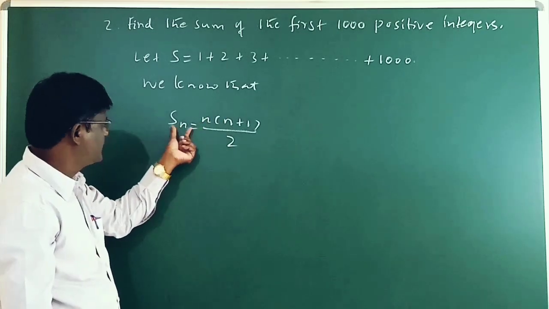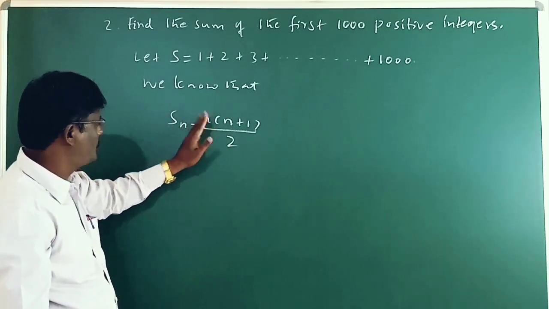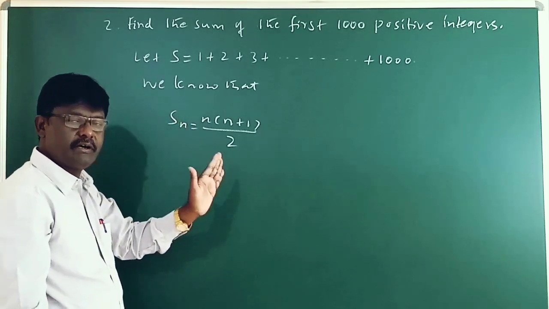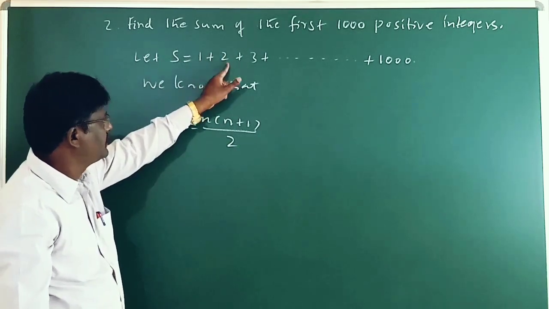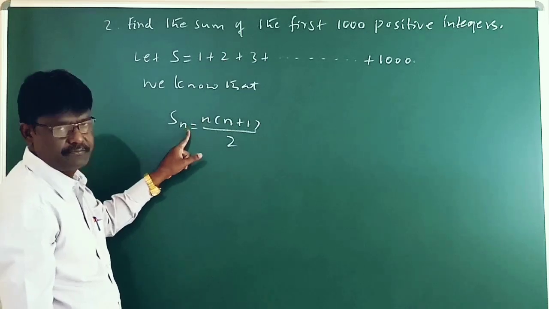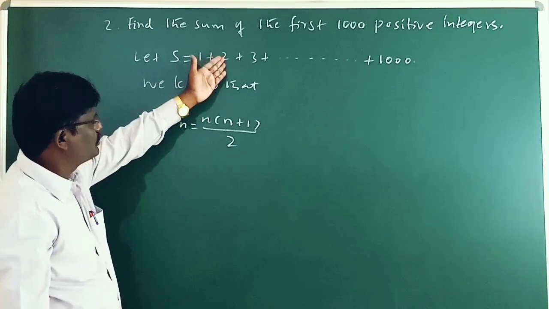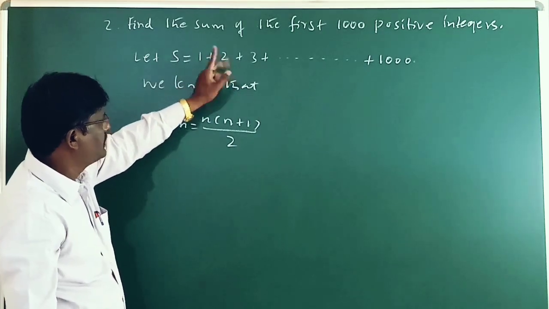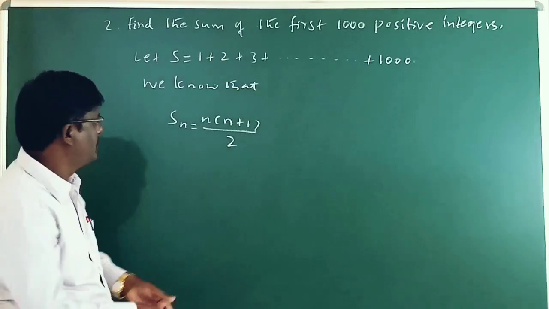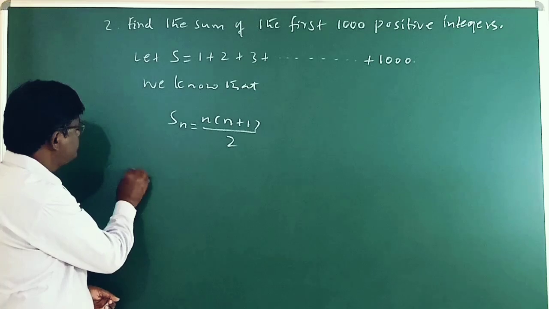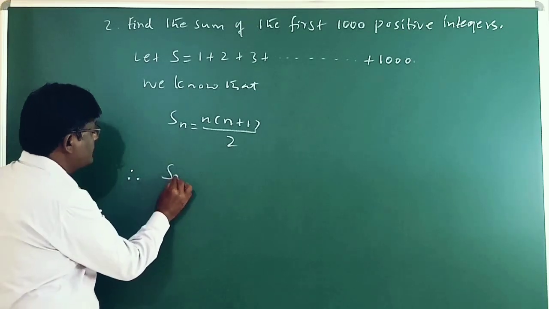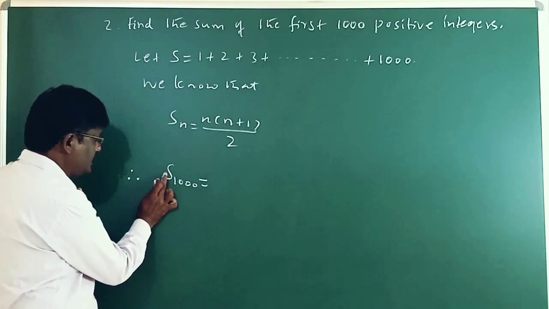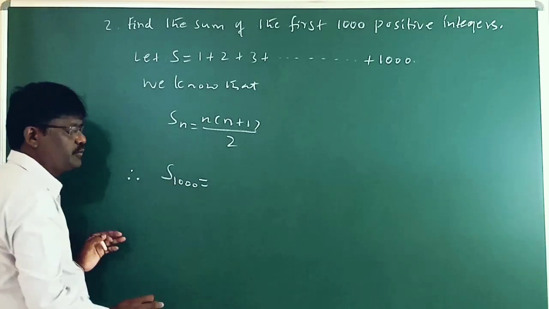To apply this formula, Sn means it starts from 1 and common difference is 1, ends with n. Now here just look at this. It starts from 1, common difference is 1 and ends with 1000. Therefore here that n is nothing but 1000.